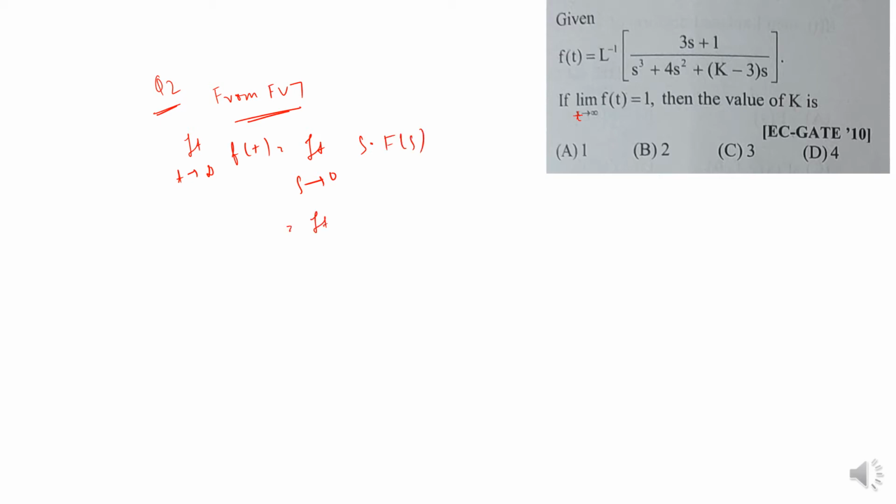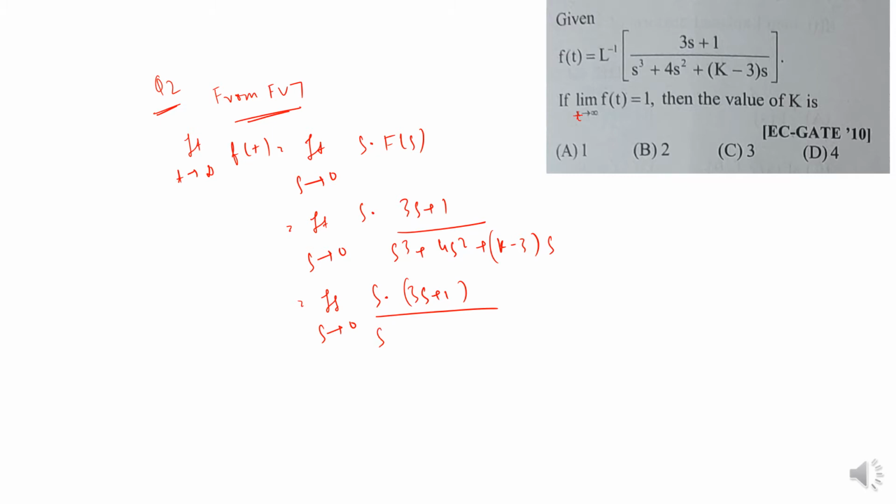What is F of s? It is (3s plus 1) by (s cube plus 4s square plus (k minus 3) into s). So limit s tends to 0 s into (3s plus 1) by s times (s square plus 4s plus k minus 3).